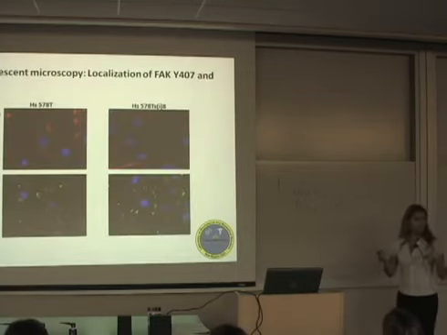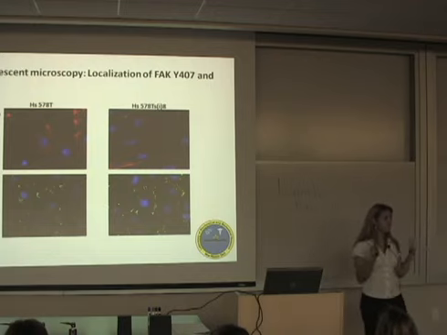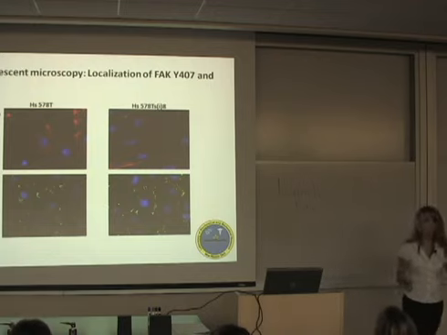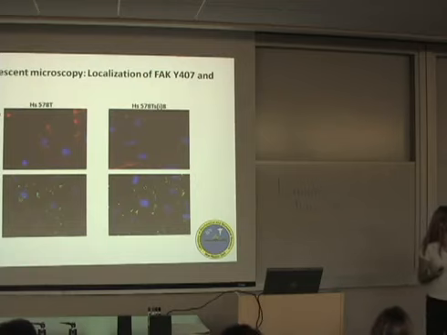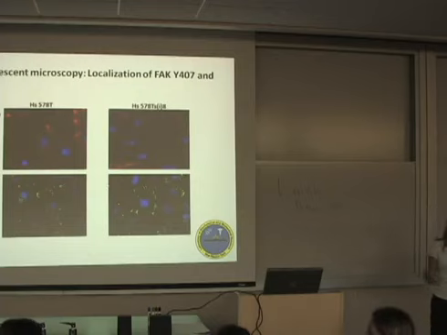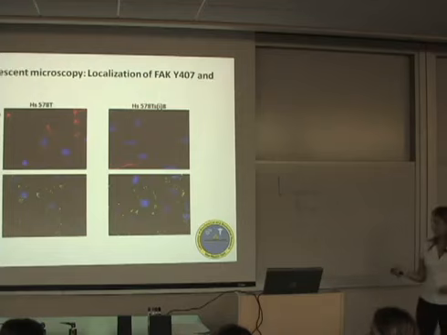We know that these signaling molecules are present in our cells. But we want to see where these molecules localize. So we came up with some microscopy studies. First of all, as I showed before, is the actin staining.